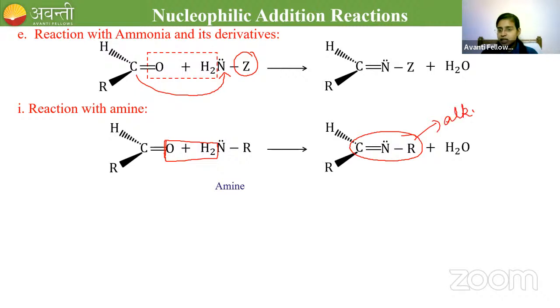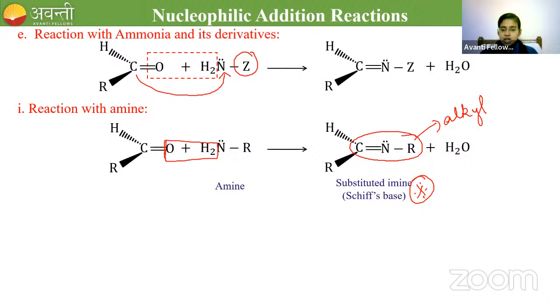R is an alkyl group, right? Methyl, ethyl. Those are called R groups. If you have C double bond N alkyl group, then it is called a substituted imine, which is otherwise called Schiff's base. Very important: substituted imine or Schiff's base. It is called an imine only if it is attached with the alkyl group.